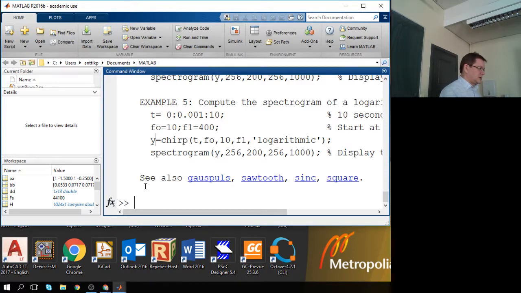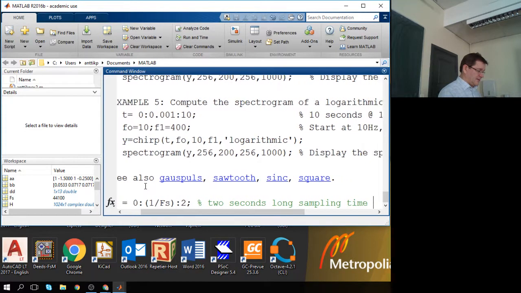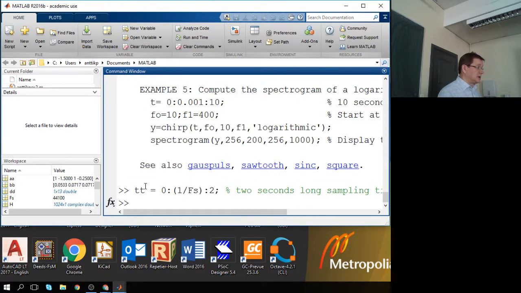So T, sampling time vector, 0 to, with a time step of 1 over fs, to, for example, 2 seconds. Good.